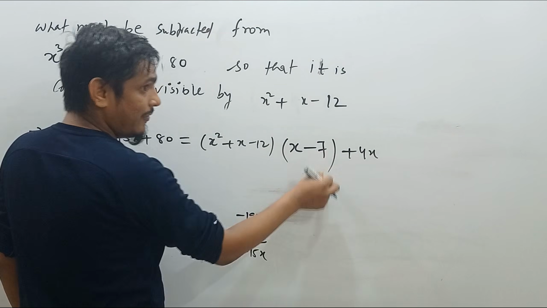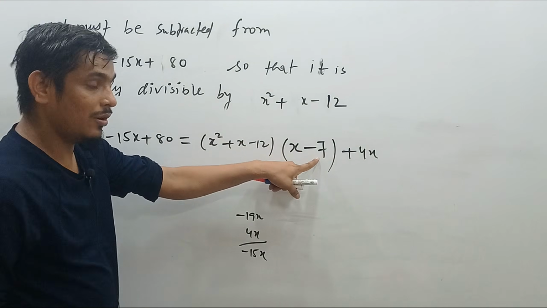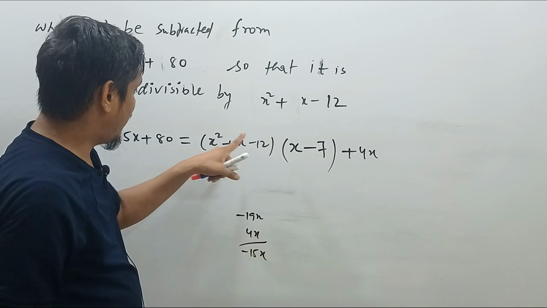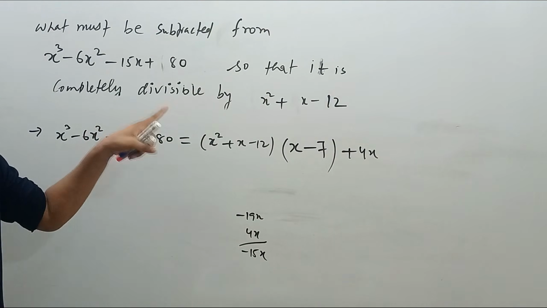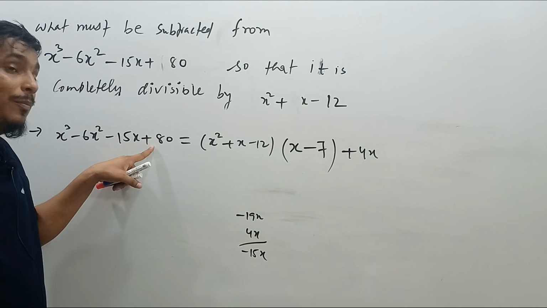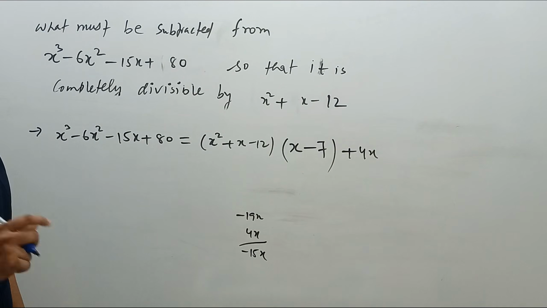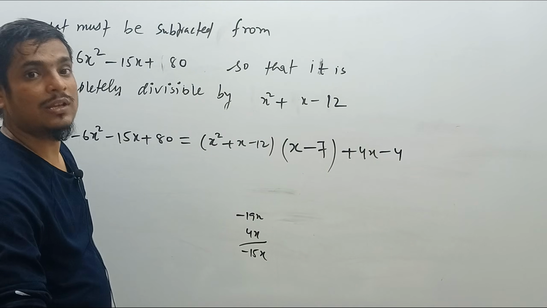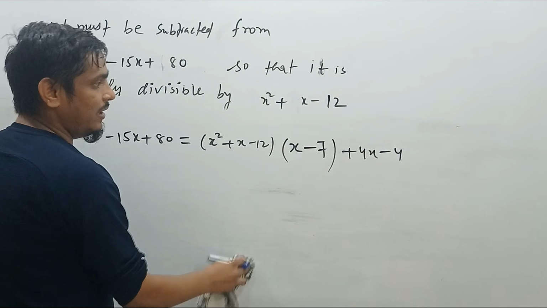Next is the constant term. Negative 12 into negative 7 is positive; 7 times 12 is 84. But we need 80 only. We are getting plus 84, but we required plus 80, so we need to subtract 4. Now left and right are both the same.